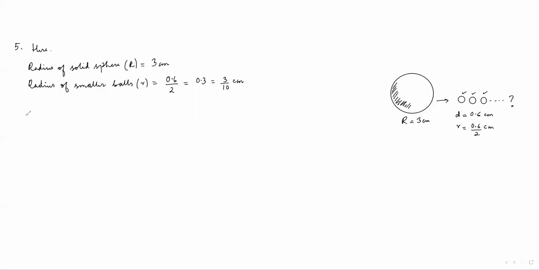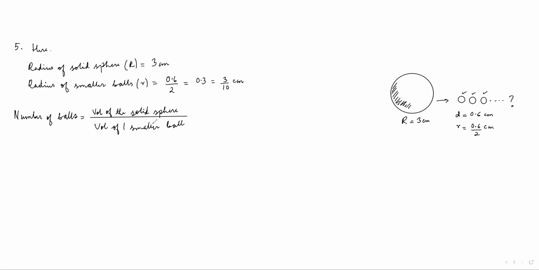Now, the number of smaller balls is equal to the volume of the solid sphere divided by the volume of one smaller ball.